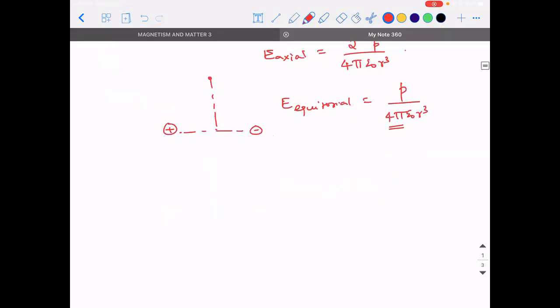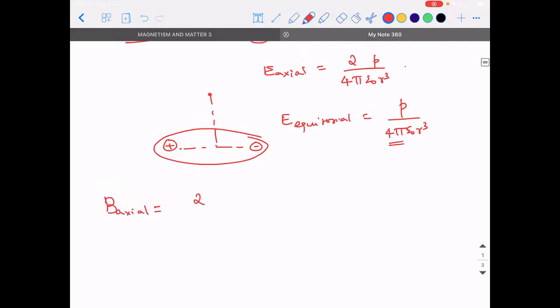In a similar way, assume that the electric dipole is replaced with a magnetic dipole. Then what do you think is going to be the magnetic field along the axial line of a dipole? Look at this expression.